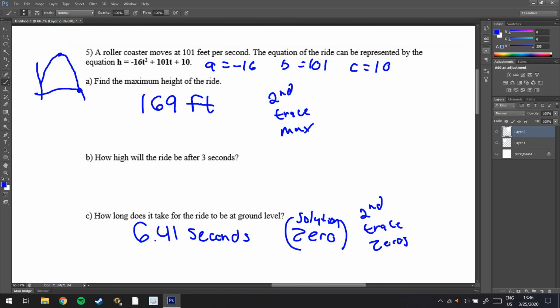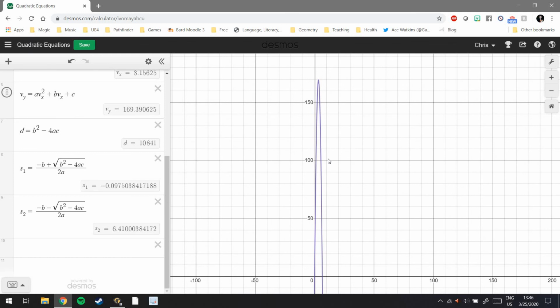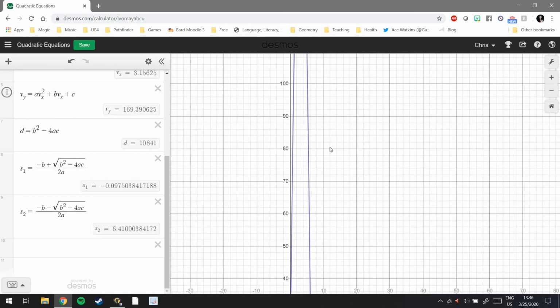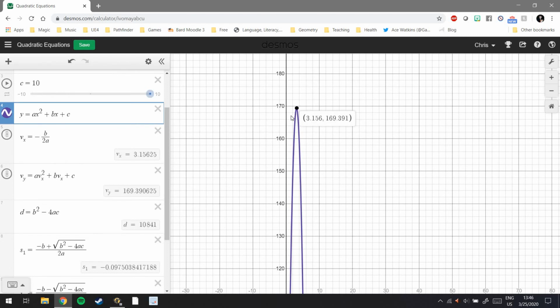Now, this one's a little rough for me to show. In your calculator, it's easier. You can use the table to find the height when x is 3. I don't have to zoom in. Well, I know here's 3.15. Let's go on over to 3. It's not letting me get to the 3 exactly.